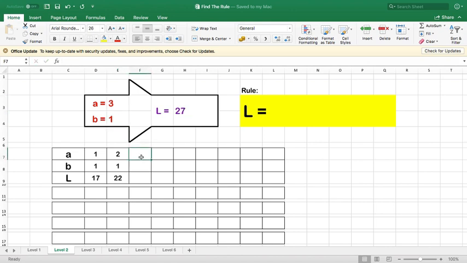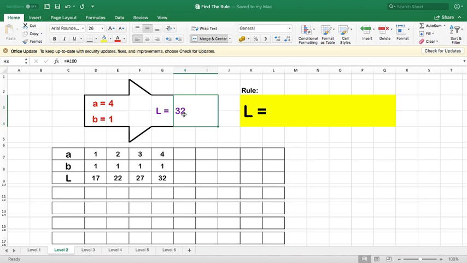Then we get 27, so when A equals 3 and B equals 1, we get 27. So it looks like making A go up by 1 makes L go up by 5. So I would expect the next one, 4 and 1, to be 32. Let's see if that works. 4 and 1, we do get 32.